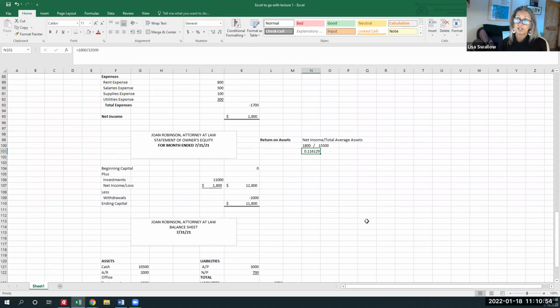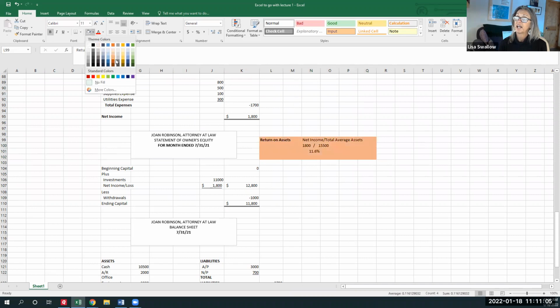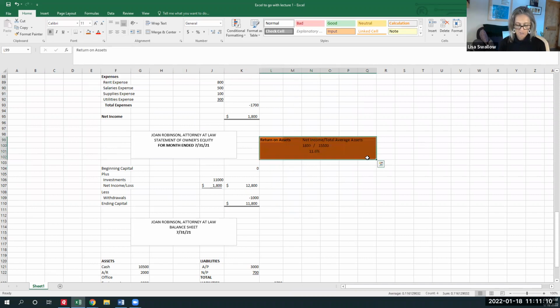So to be clear, that is the same as 11.6%. And your return on assets, the number is identified as a percentage. So you need to convert the 0.116 to a percentage. And that means for every $1 of assets, you're generating 11.6 cents of net income.